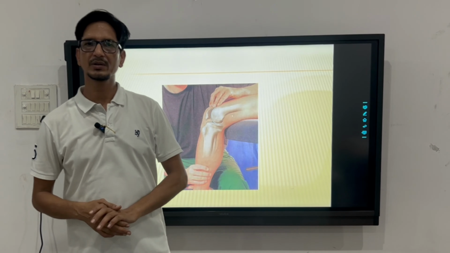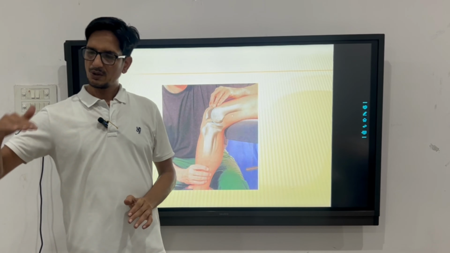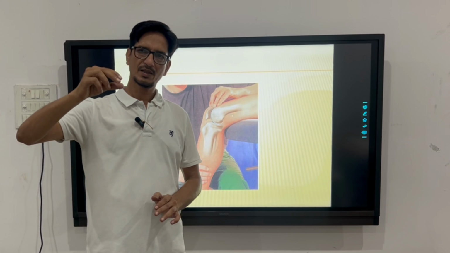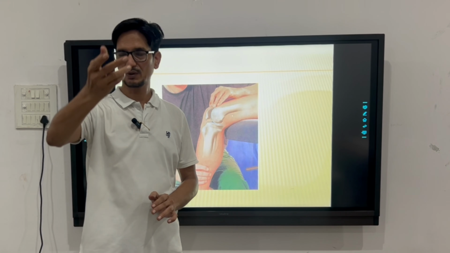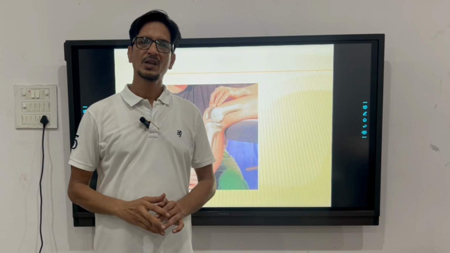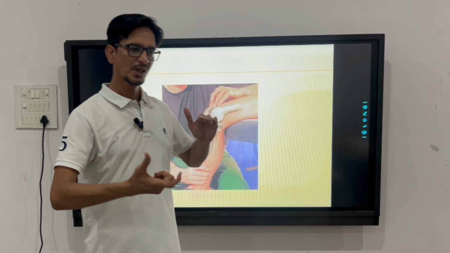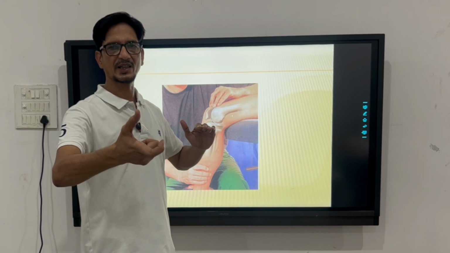The position should be like this. So first of all, you have to place your hand like this, just proximally at 3 to 4 centimeters from the presumed location of the patella, and then passively you have to extend the knee.